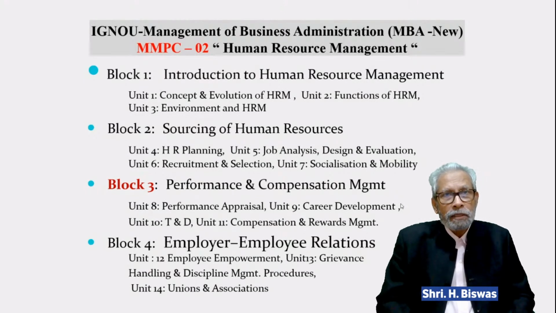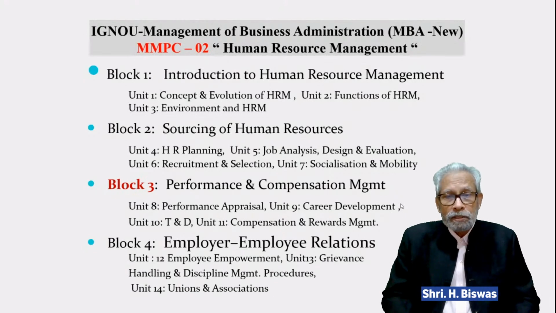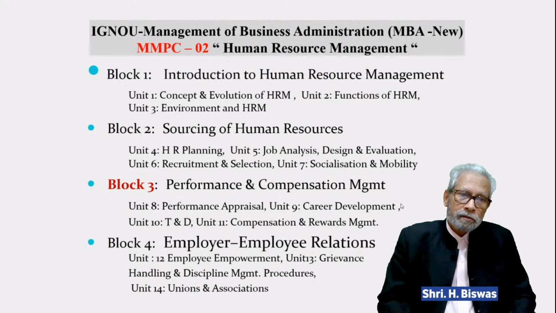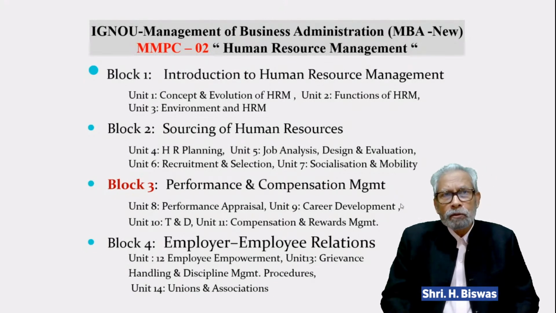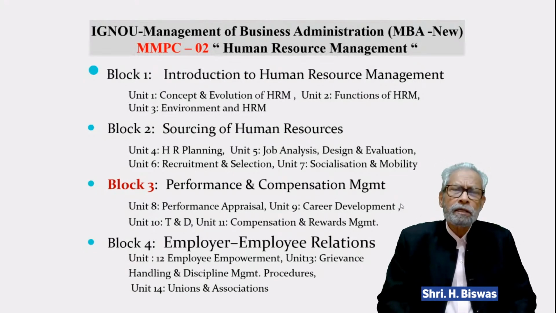Now unit number 11 is talking about compensation and rewards management. As you know, people work definitely for the end of the month. Some of their physical needs are involved, and some money is involved. So work and money should be parallel.